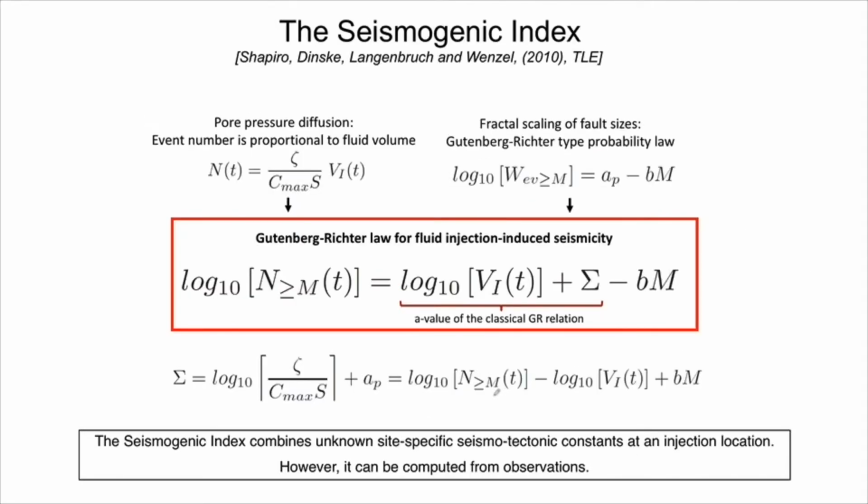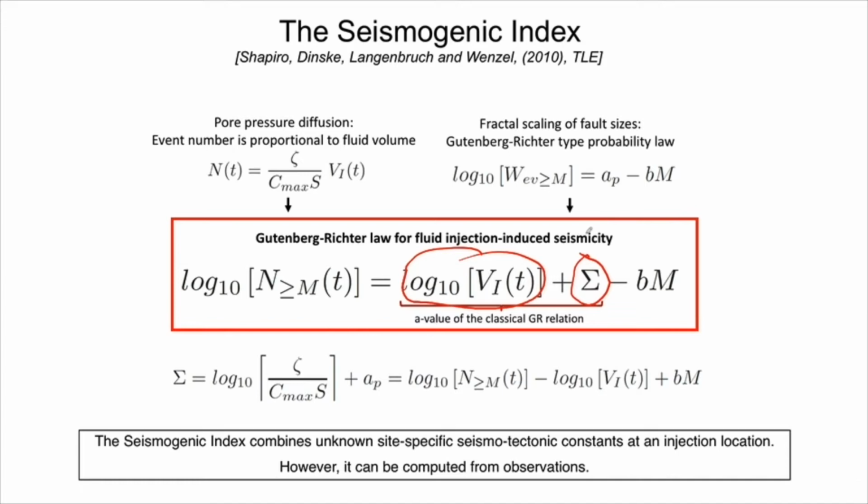And it basically expands on the Gutenberg-Richter relationship, which we've talked about, in two ways. It says the number of events is going to be dependent on two factors. One factor is what you're injecting, and one factor is what's called the seismogenic index, which is a characteristic of the crust in a given place.